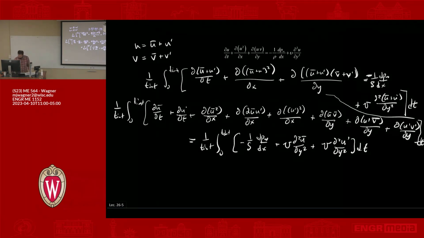Okay, so let's make a green box around the stuff that's going to stick around. Stuff that's going to stick around would include things like average values. When you integrate the average value over time, it doesn't go away. Keep in mind we're doing the time integral over here, so this sticks around.